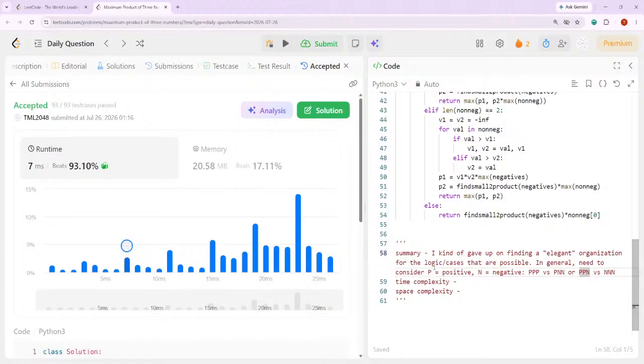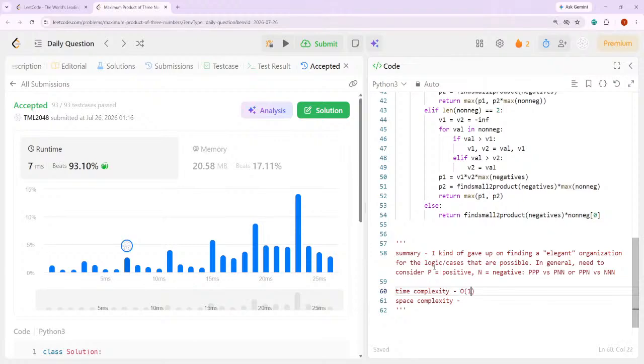Well, when would you actually use that? This one could occur if you only have one negative to work with, I guess. Exactly two positives and a negative. Something like that. I don't know. Yeah, I kind of gave up on this one.